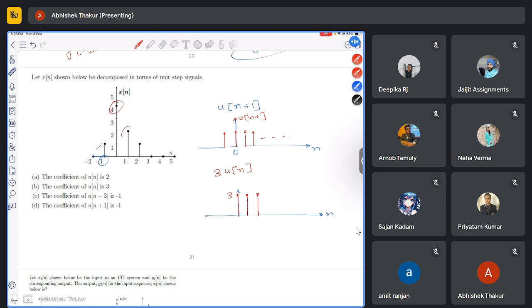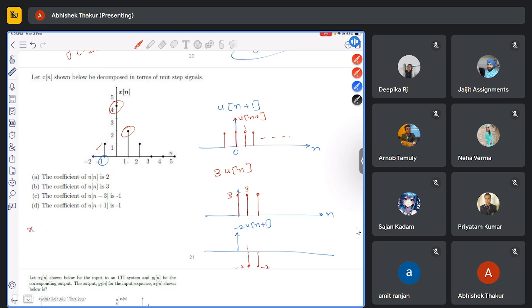Now at 1 it is 2. The addition of 3 plus 1 is 4, so how much we have to subtract? -2. So again we will write -2 u[n minus 1], and it continues like this.